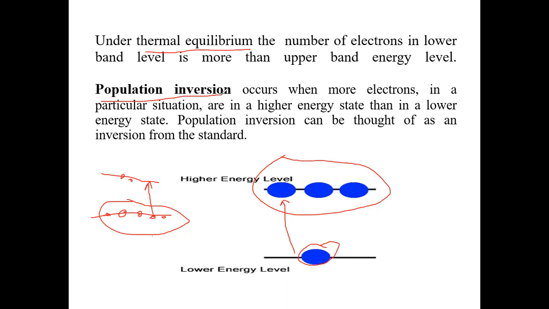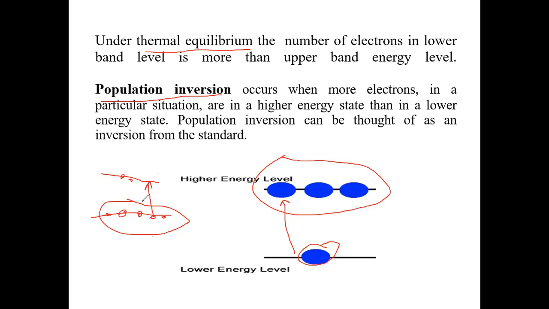Those who have not read or understood will wonder what population is over here. Usually you think of population in terms of counting persons, like the population of a country. No. It is with respect to the number of electrons present in the energy level.